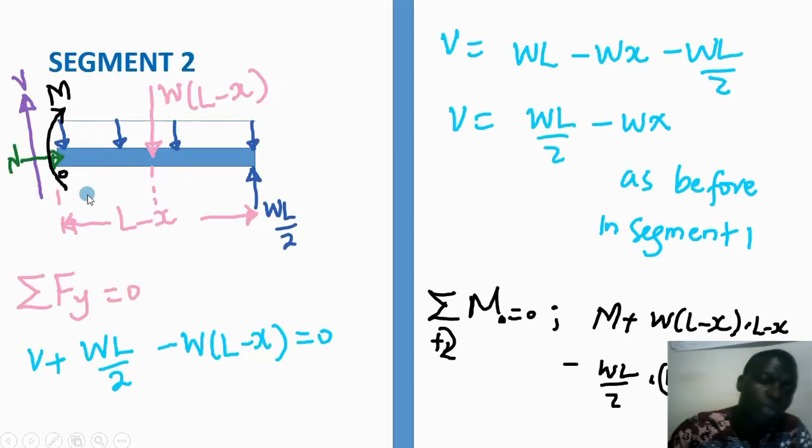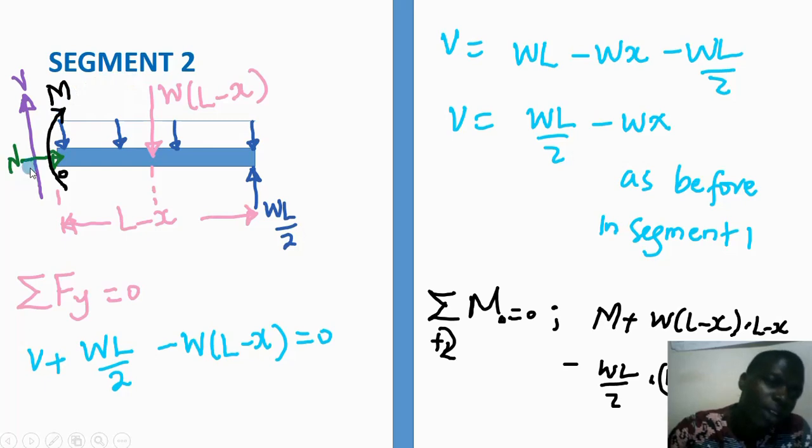We know segment 2 was from where we had the section cut to the support B, and the reaction at B of course is WL out of 2, and is at a distance L minus X, since from the support A to where we created the section cut was at a distance X. So therefore we will create the bending moment in the opposite direction, which will now be clockwise.